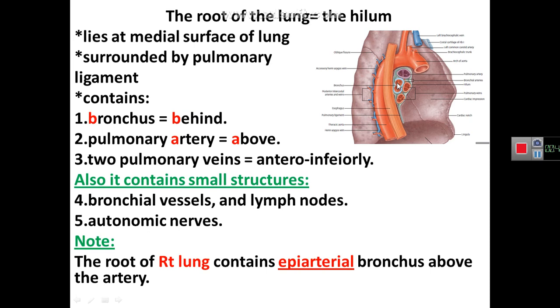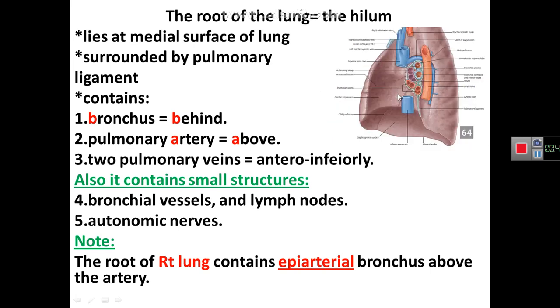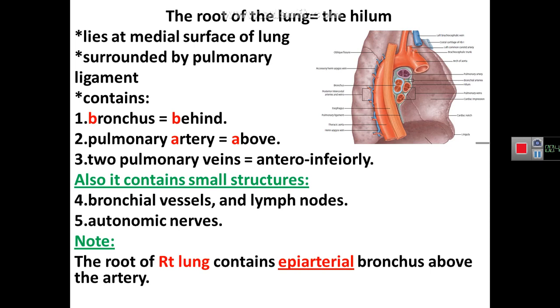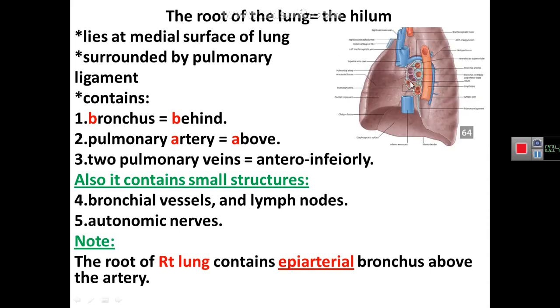So it will be a bronchus behind, an artery above, and 2 veins antero-inferiorly. This is the figure for the root of the lung on the left side, while this is the root of the lung on the right side, in which we have a bronchus behind, an artery above, and 2 veins antero-inferiorly.